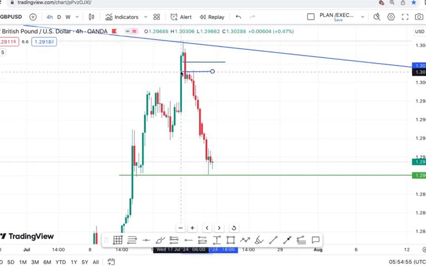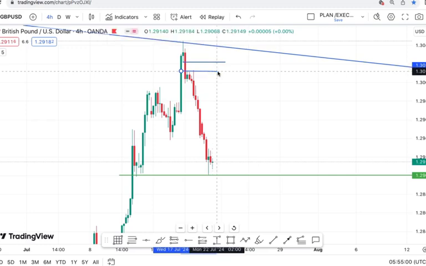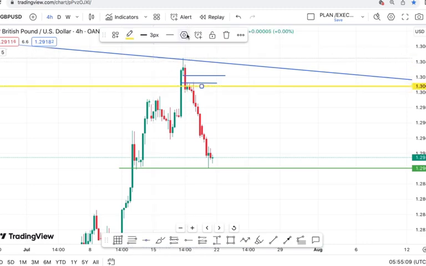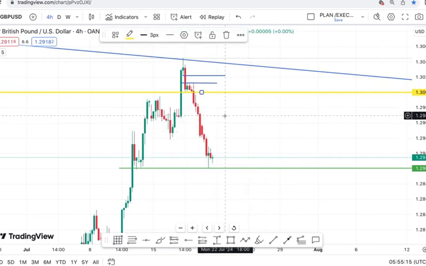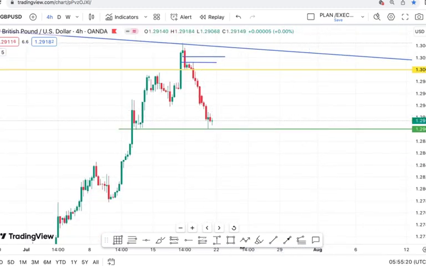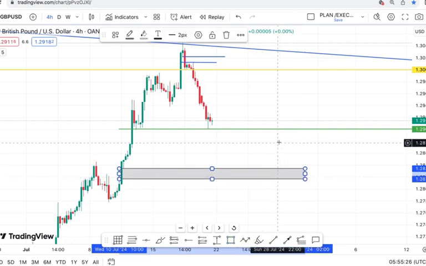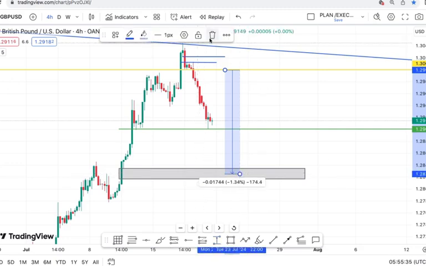Even though price tapped into a bit, there is still some space up, so I'll be expecting price to tap into it or come into the region of 1.3 thousand. 1.3 thousand will be a good zone to enter this sell, targeting this imbalance here. It's going to be a good risk to reward. If you can get a trade from here to this place, you have 175 pips.